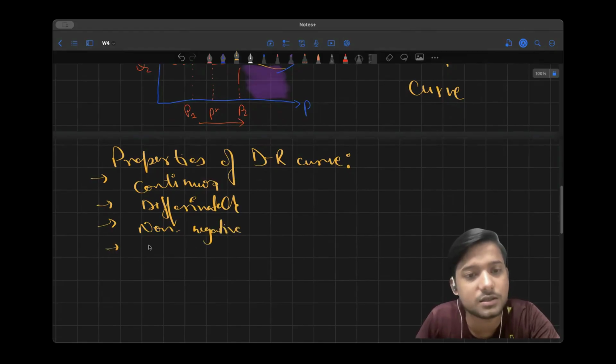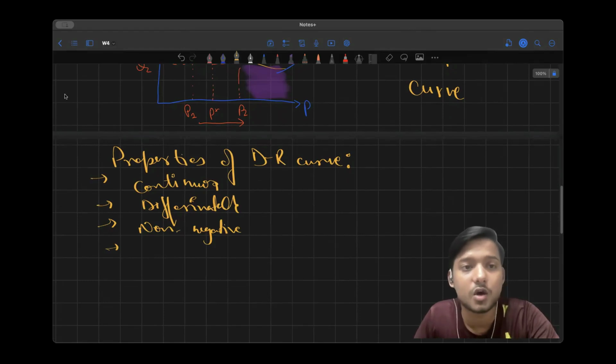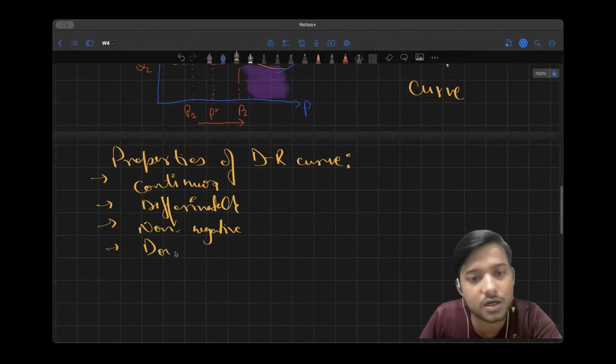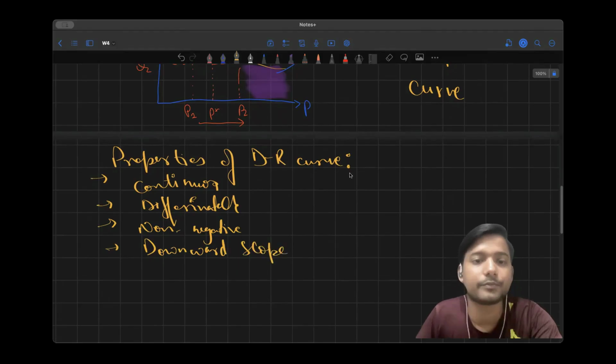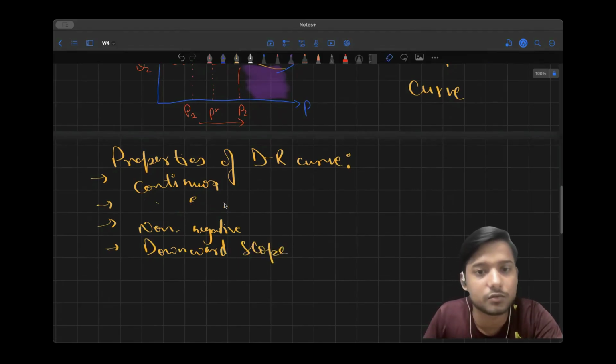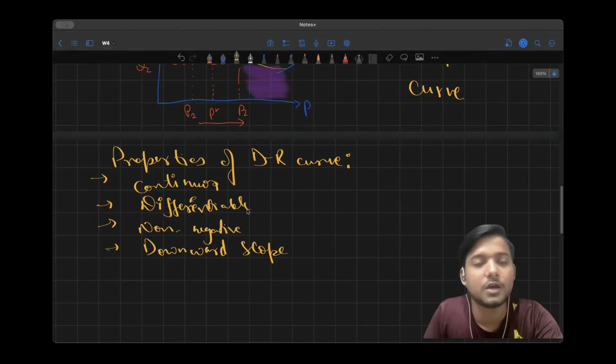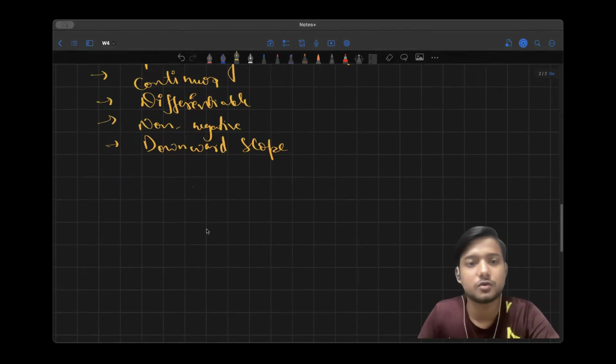And the fourth one is it has to be downward sloping. So this is most important, downward sloping. Okay, so these are the four properties which we should know.